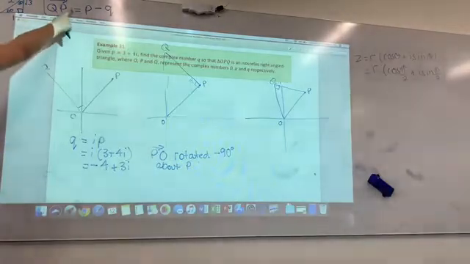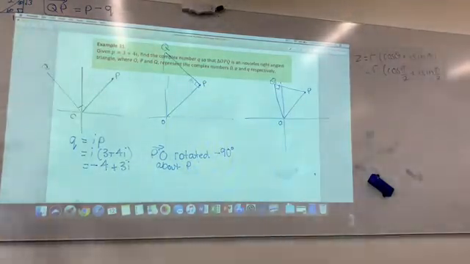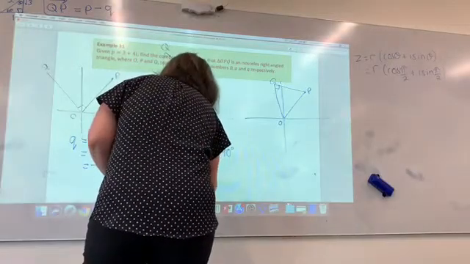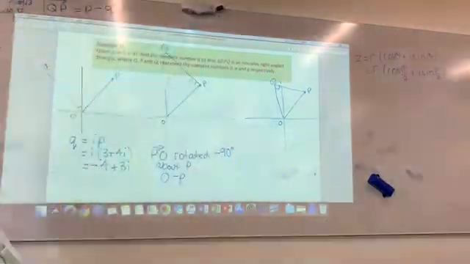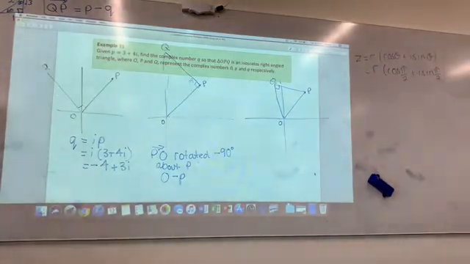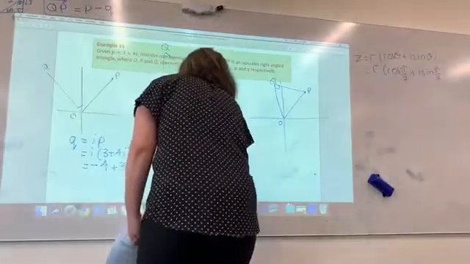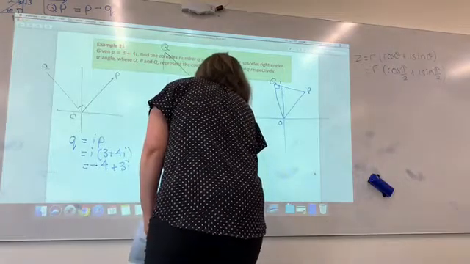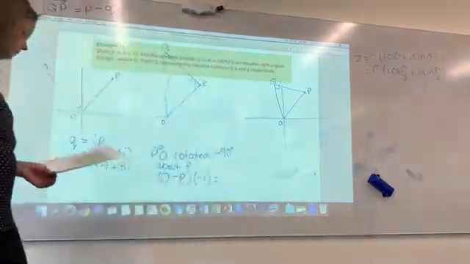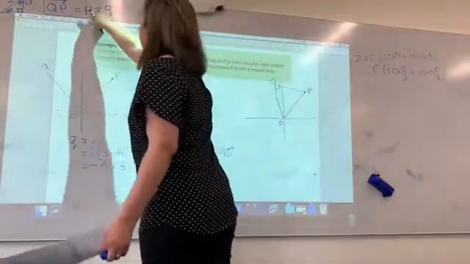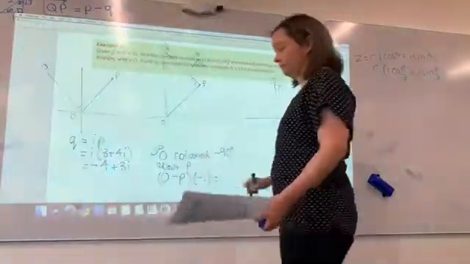So thinking back to this notation that we said before, it becomes O minus P, but we're multiplying it by not just I this time. We're still multiplying by I, but we're actually multiplying by minus I because we are going in the clockwise direction. PQ, which is like Q minus P.